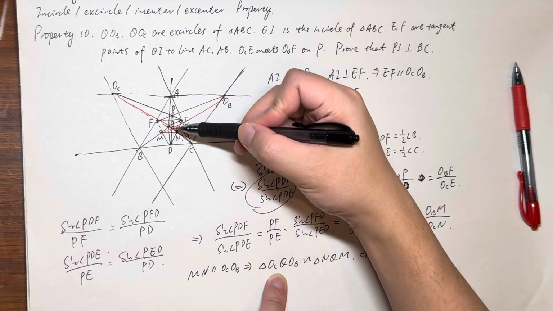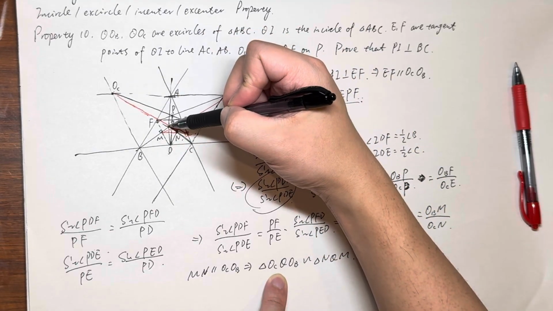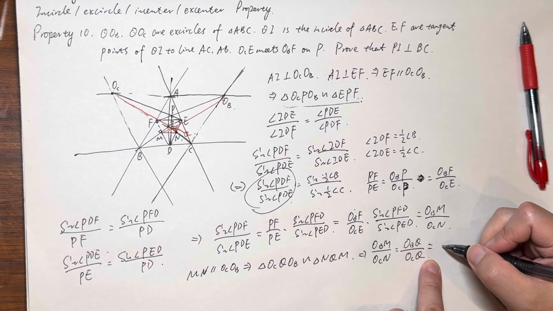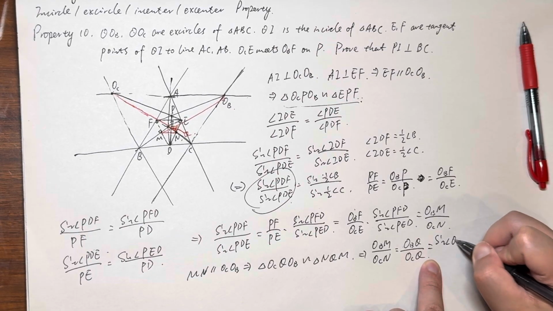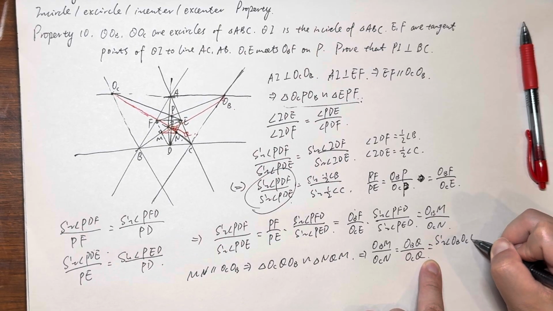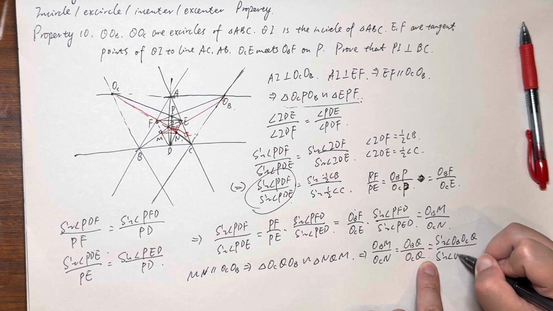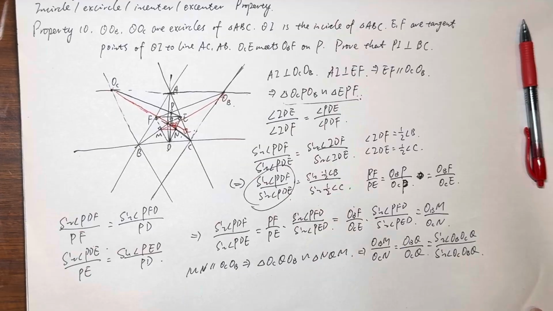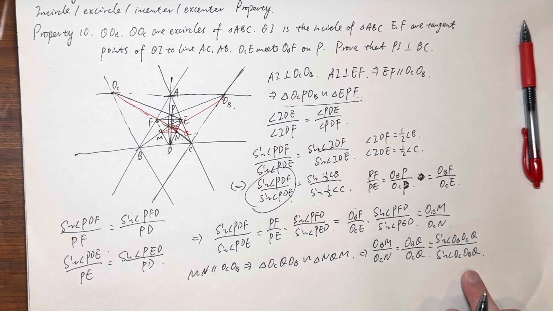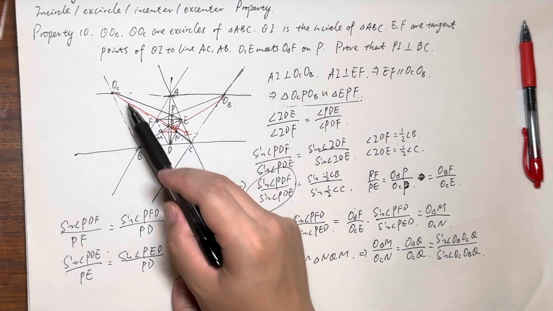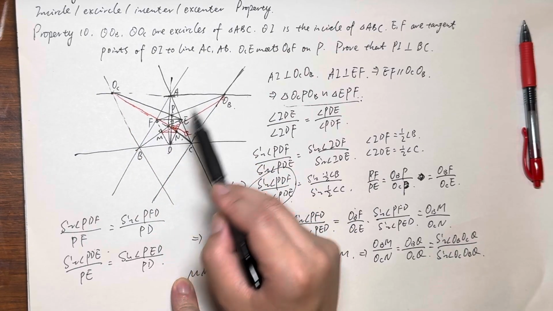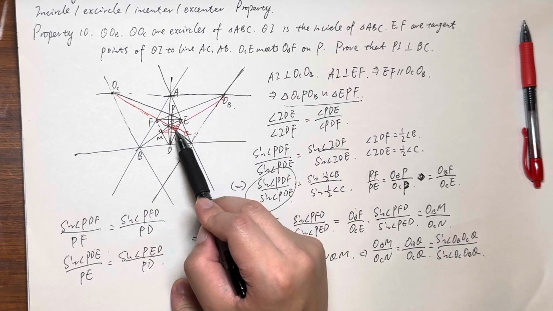And OBQ to OCQ can be rewritten as sine angle OBOCQ to sine angle OCOBQ, right? That's OBQ to OCQ equals sine angle OBOCQ to sine angle OCOBQ.